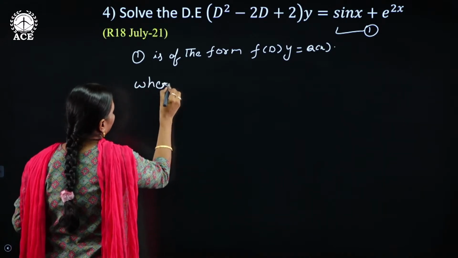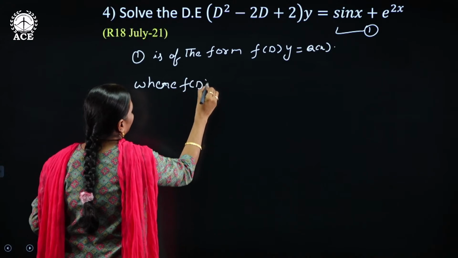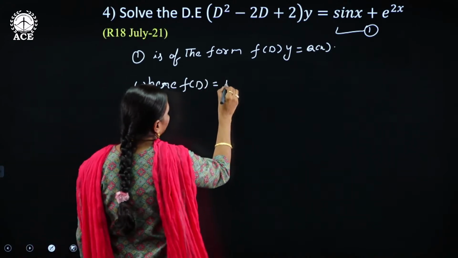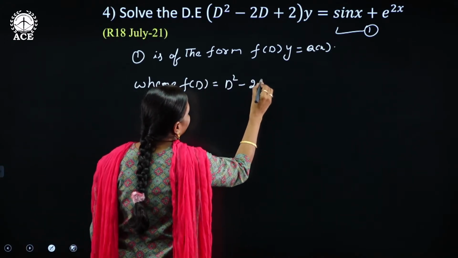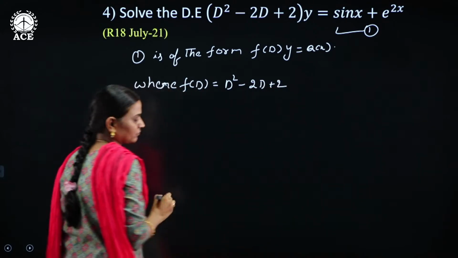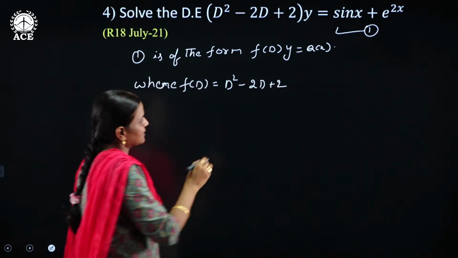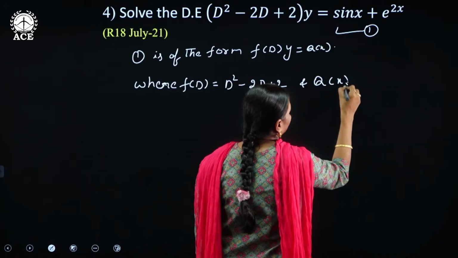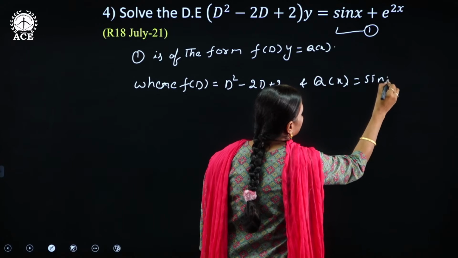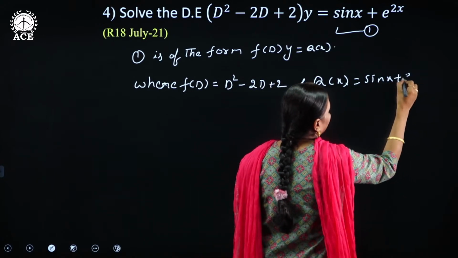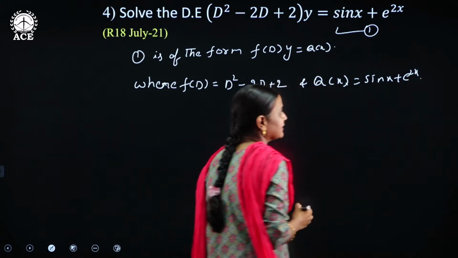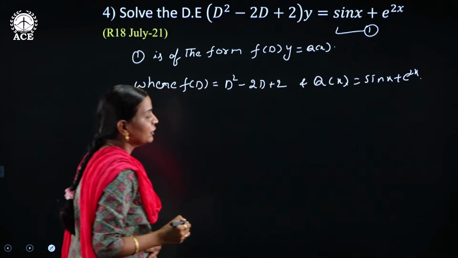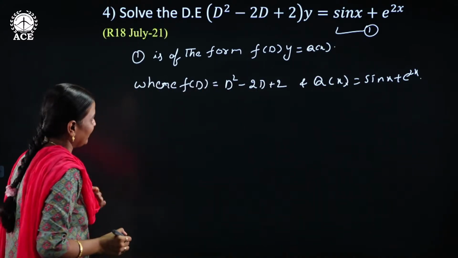What is f of D? f of D is equal to D square minus 2D plus 2. And what is q of x? q of x is equal to sin x plus e power 2x. It contains two different terms.